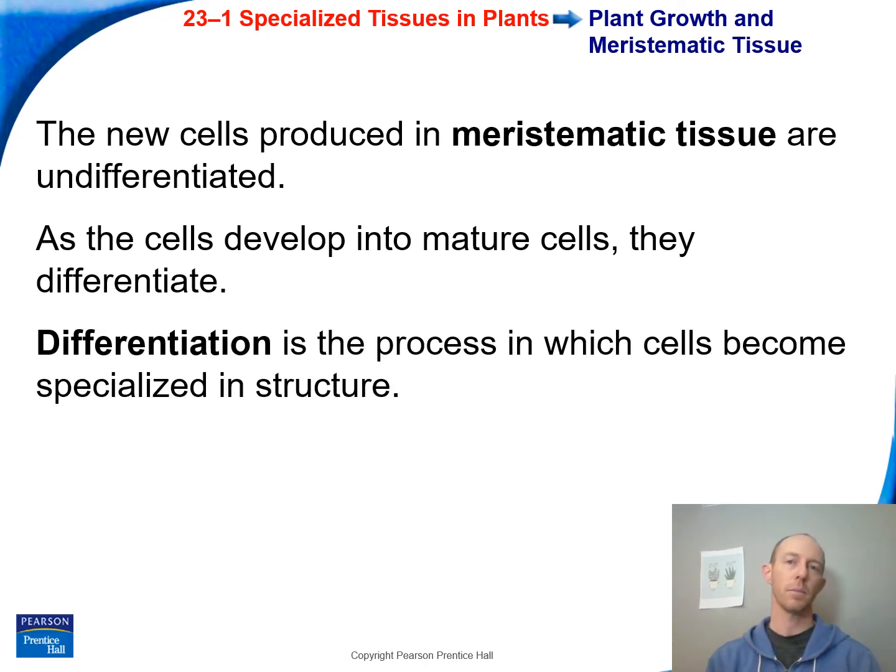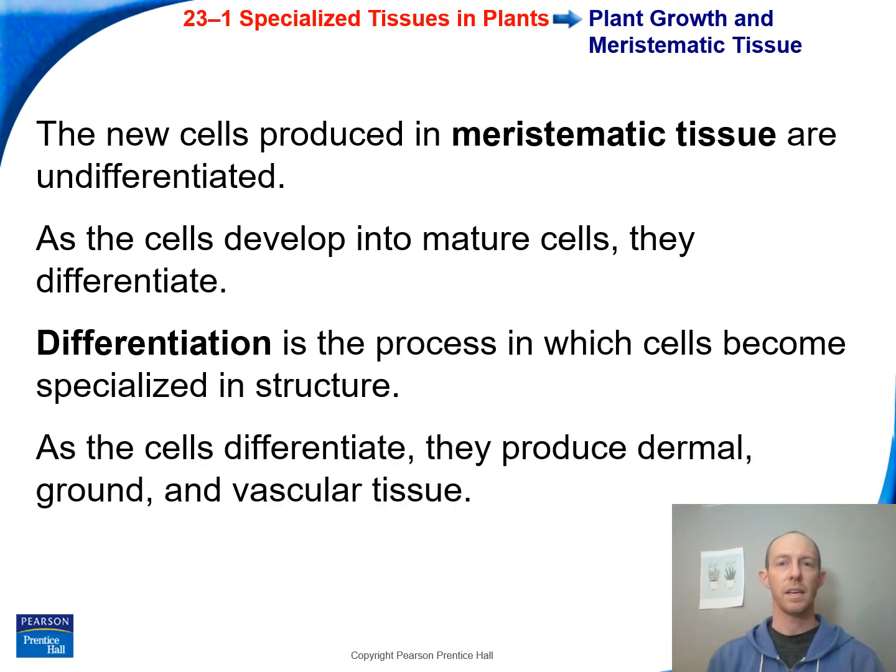So maybe it's going to become a root hair cell. Maybe this meristem cell is going to become a part of a flower later on. It depends on the situation. A good analogy here, especially because we're talking plants, is in humans, the kind of cells that become any other type of cell we call stem cells. It can become any other cell type. So all the cells here in the meristem are undifferentiated. They are unspecialized.